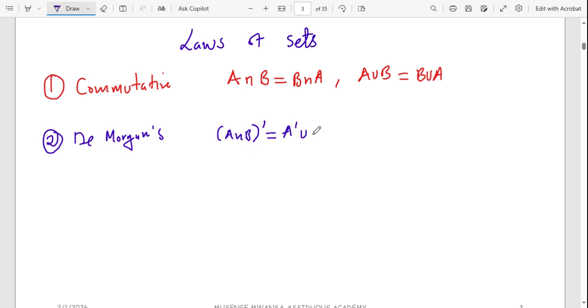If it was intersection, it becomes union. So if it was A union B with a complement, when you distribute the complement, the sign in the middle changes and it becomes like that. I hope that makes sense. All right, so that is the law.